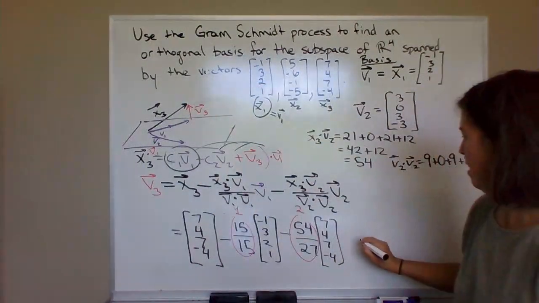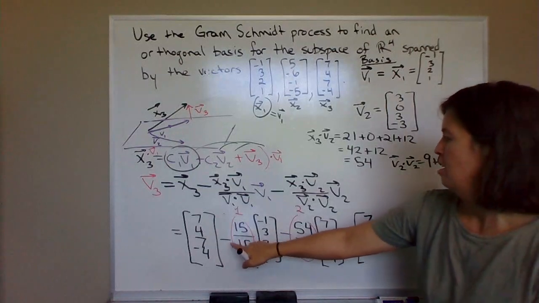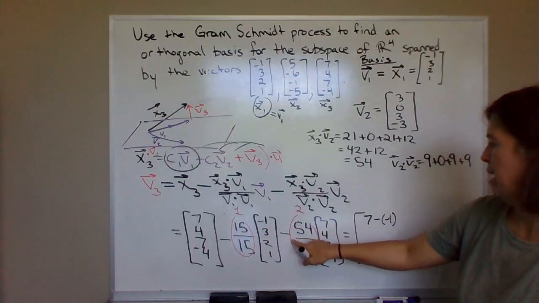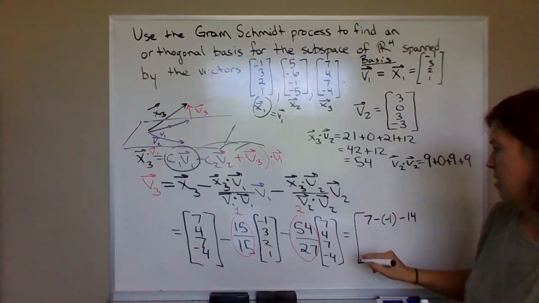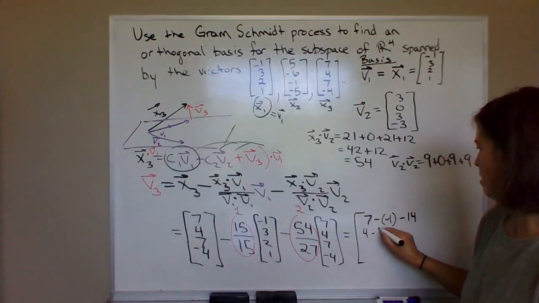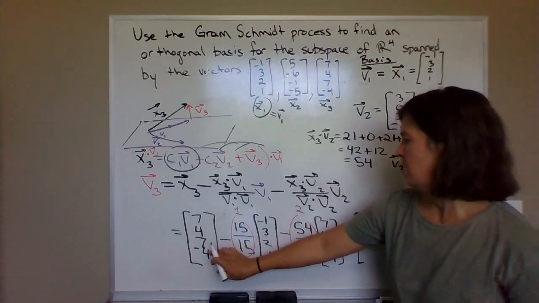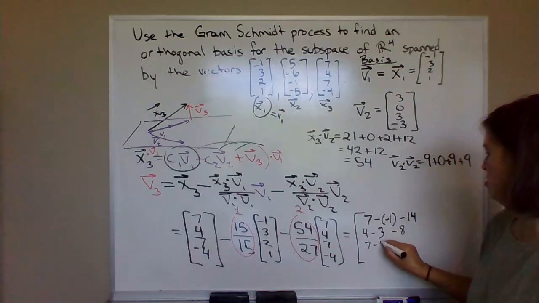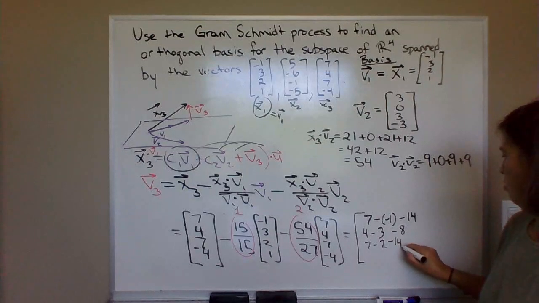And so what we have is 7 minus 1 times negative 1 minus 2 times 7. So minus 14. And then 4 minus 1 times 3 minus 2 times 4. And then 7 minus 1 times 2. So 7 minus 2 minus 2 times 7. So 14.